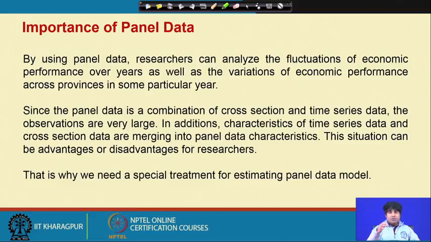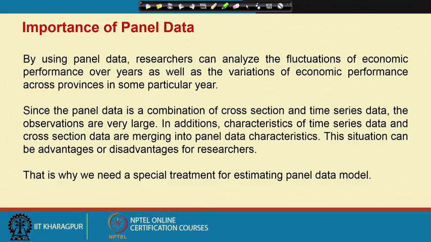For instance, while collecting data over time, some years may be upswing and some years may be downswing. If you don't study the individual impact, you are not in a position to check which year is very effective and which year is not so effective.